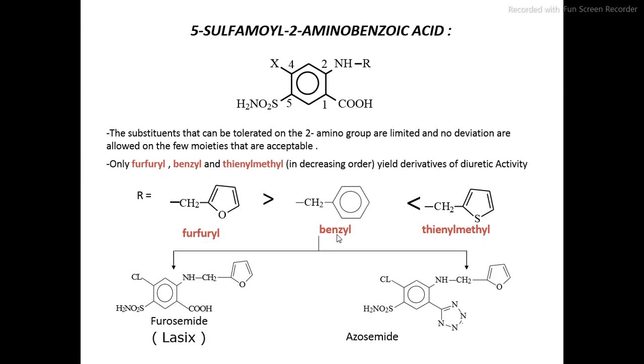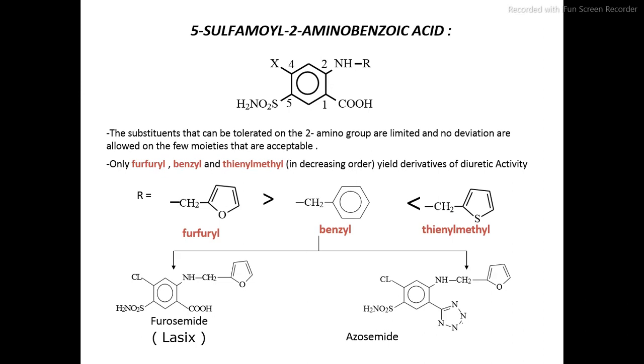Then benzyl they have not considered because there is no such compound with the benzyl. And the last one is thienylmethyl. Thienylmethyl also they have not considered, as there is no such compound present.